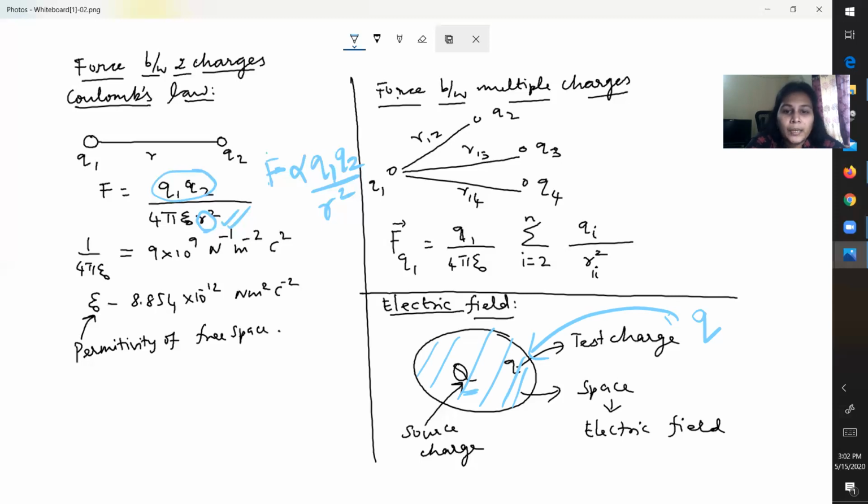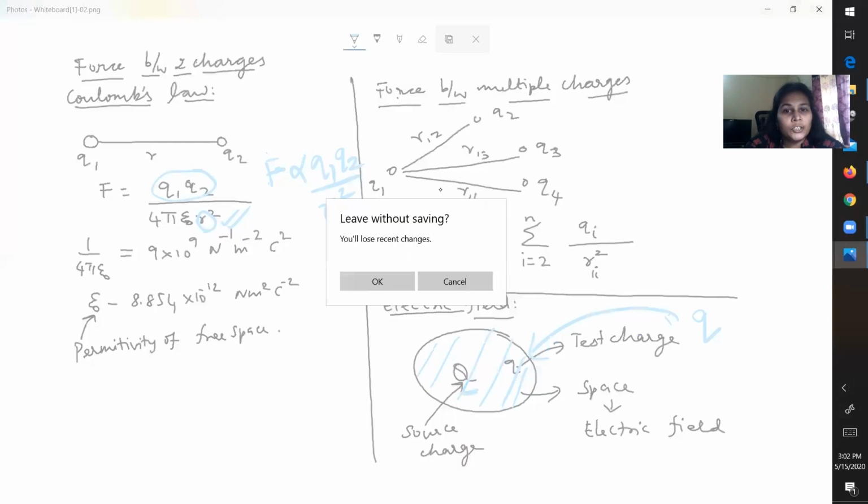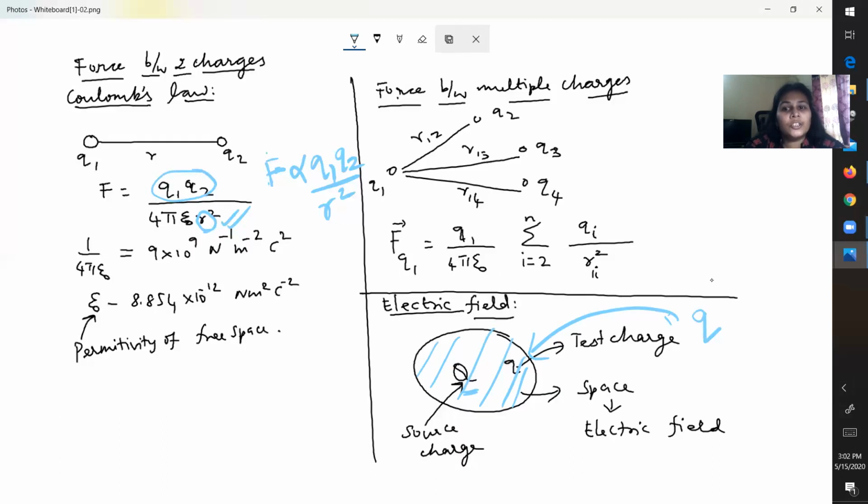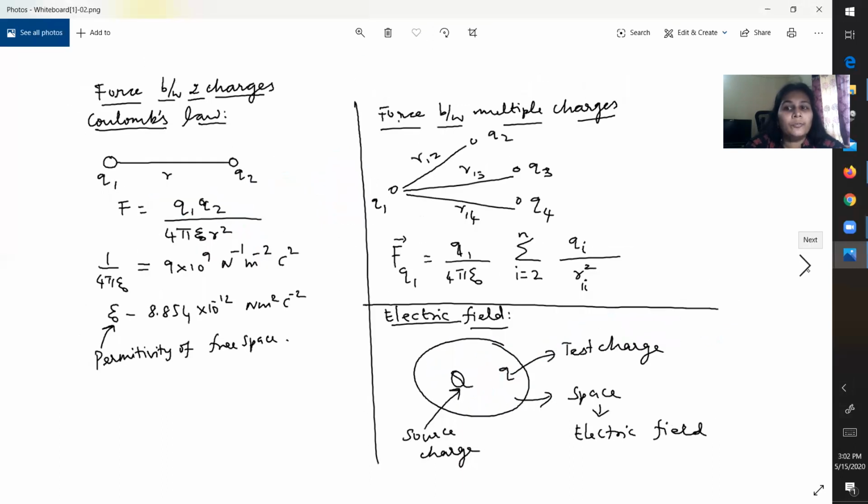This space surrounding the charge where another charge will experience its force of attraction or repulsion is known as electric field. So what is electric field? It is the space around the charge where any other charge will experience a force of attraction or repulsion.